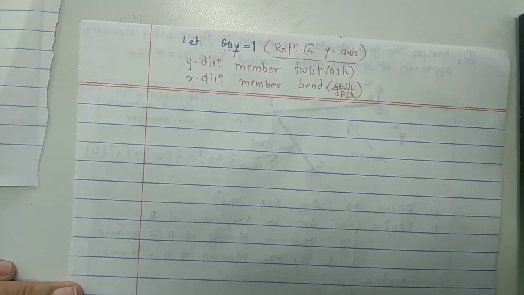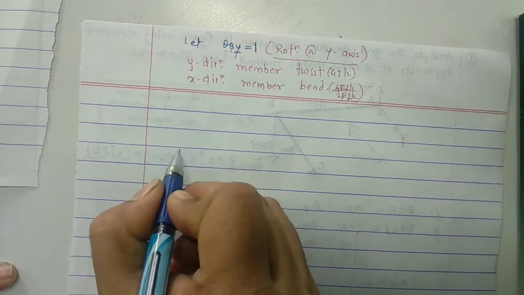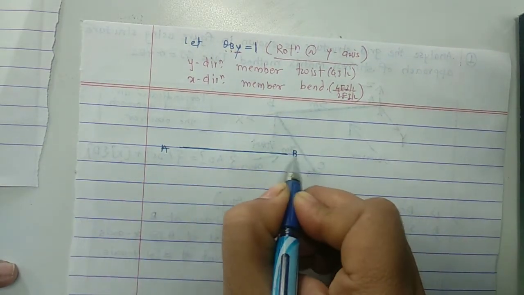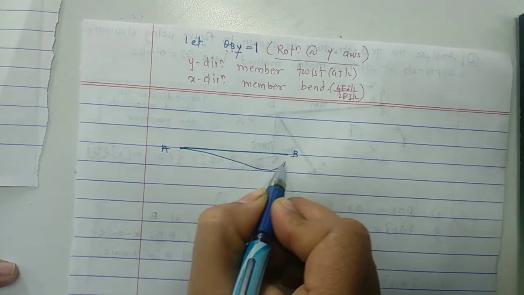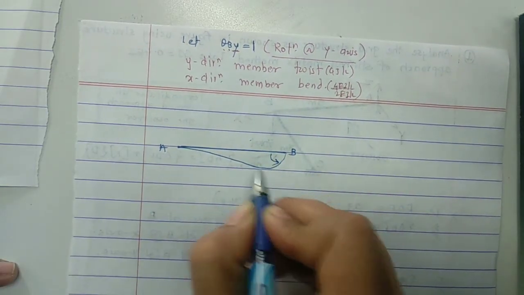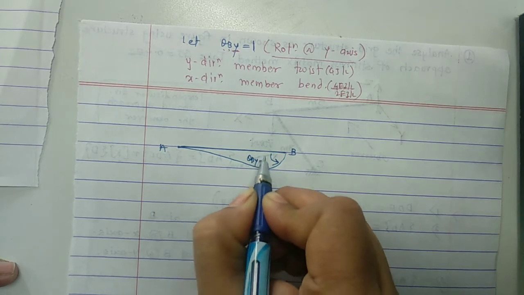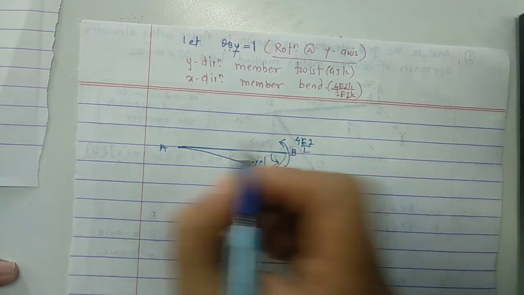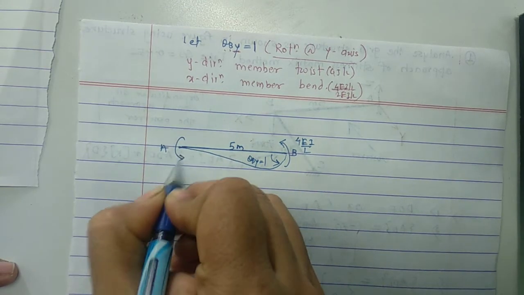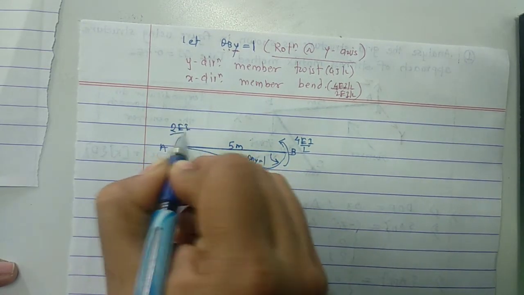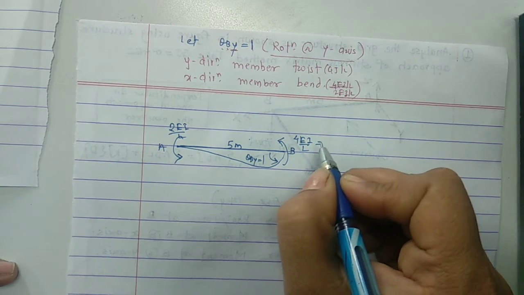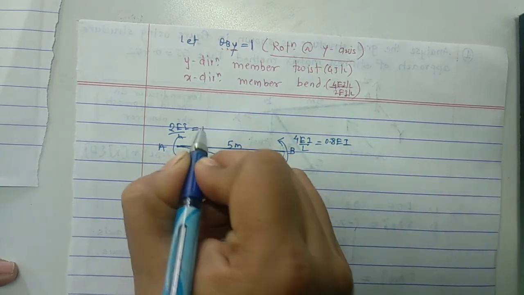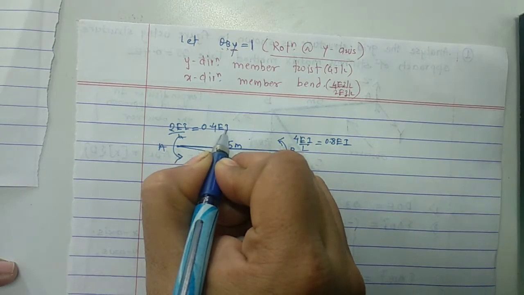Now let us draw the figure as we have discussed. Very first, the AB member, this is the x direction member. This member will bend in this direction. Theta y equals 1, rotational stiffness 4 EI upon L, length of member is 5 meter, and at the far end rotational stiffness 2 EI upon L. So 4 divided by 5 is equal to 0.8 EI, and here it will be 0.4 EI.